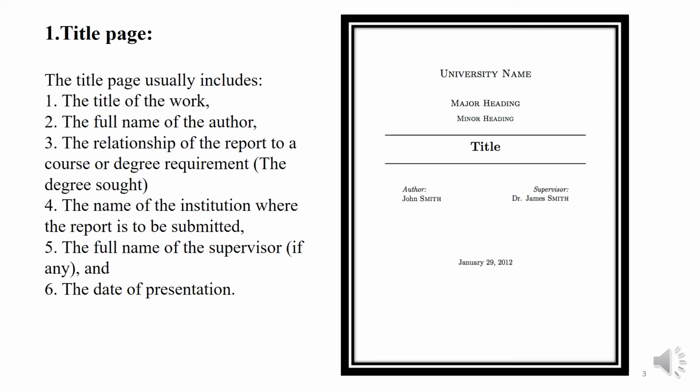So is this research for fulfilling the bachelor degree, the master degree, and so on, or is it a term paper, and so on. Also the name of the institution where the report is to be submitted, which is the name of the college and your department, and also the date of presentation. Okay, so here is an example of the title page.